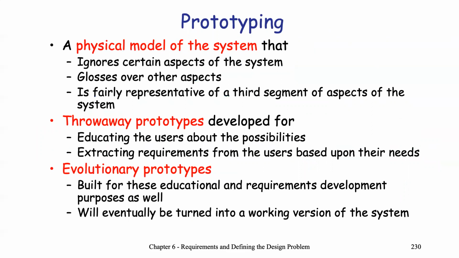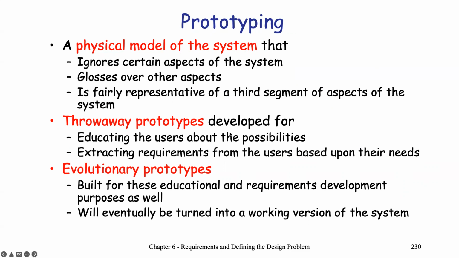Prototyping is another great way of starting to reduce risk and to strengthen your awareness and understanding of the design. So you can have a physical model of the system that maybe ignores certain aspects of the system. And so you model what is necessary to answer the questions that you're trying to address.